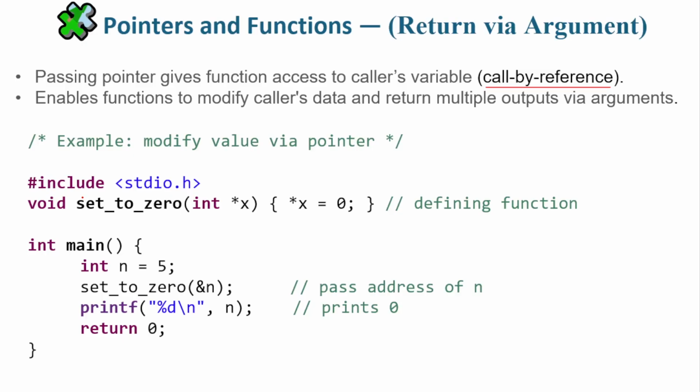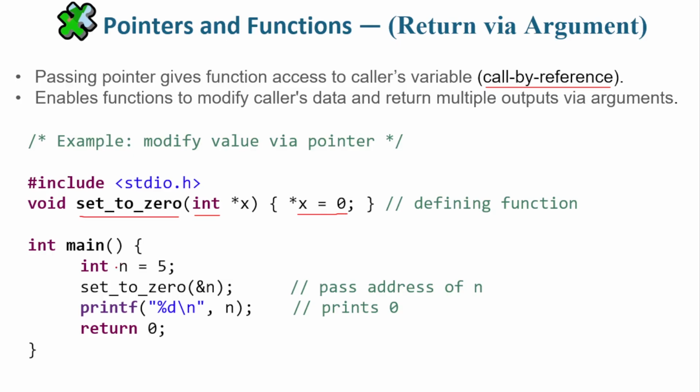In this example, we demonstrate how to modify a variable's value using a pointer. We start by defining a function called set_to_0 that takes a pointer to an integer as its parameter and sets the value at that address to 0.